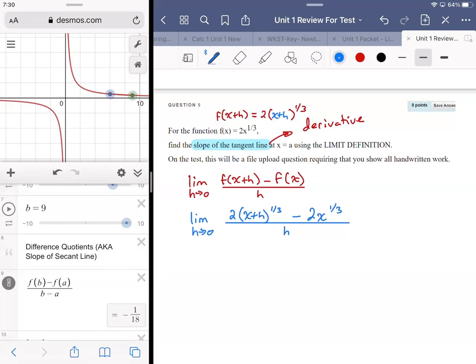So it is absolutely wonderful that you already know the answer to this is 2/3 x to the negative 2/3 power. You need to prove it to me using the limit definition to get the credit. That's what this question is asking us to do, which means that you got to go through this process. So we have a common 2. I'm going to pull that out.